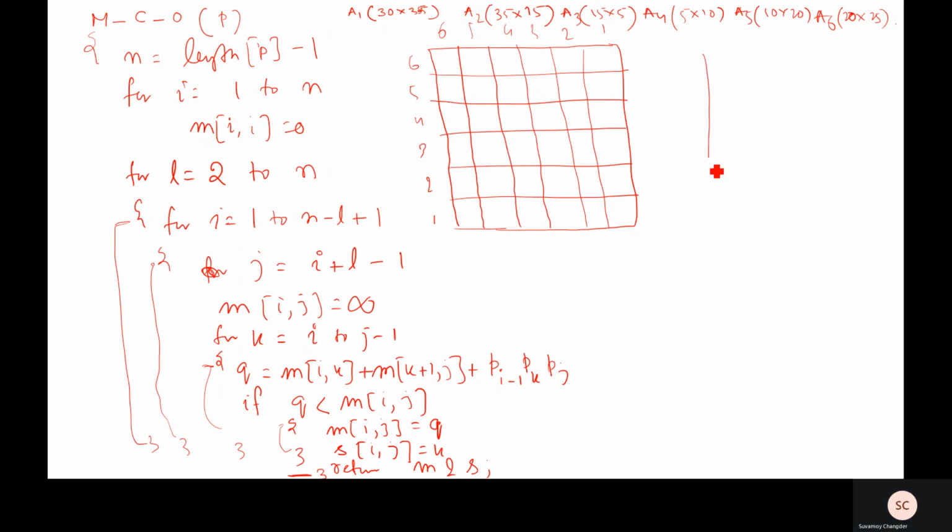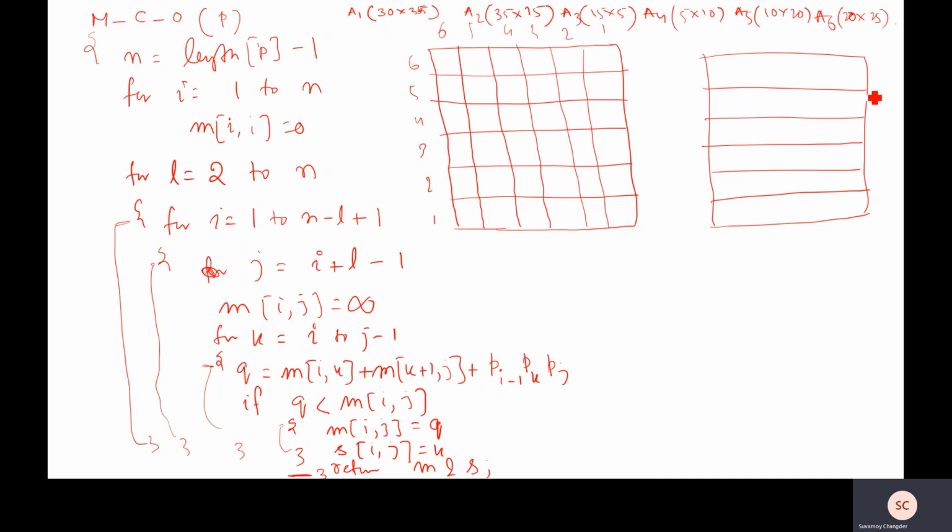The S table is also from 1 to 6. Here we store the number of multiplications required to multiply A1 to A6, and the S table will give us the index for which we get the minimum value.